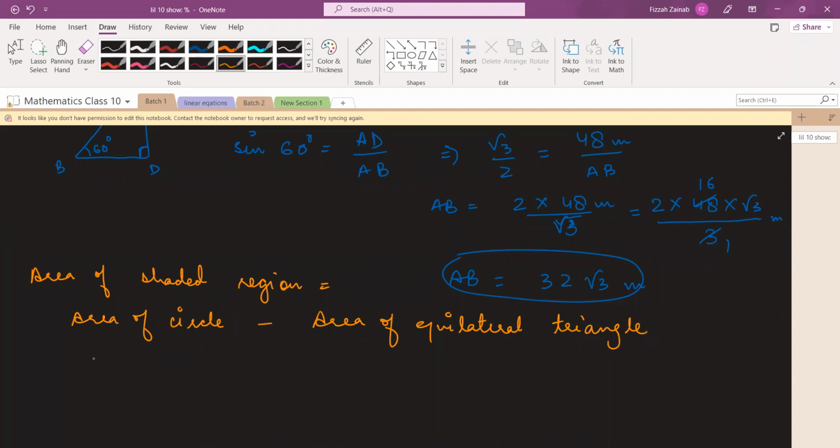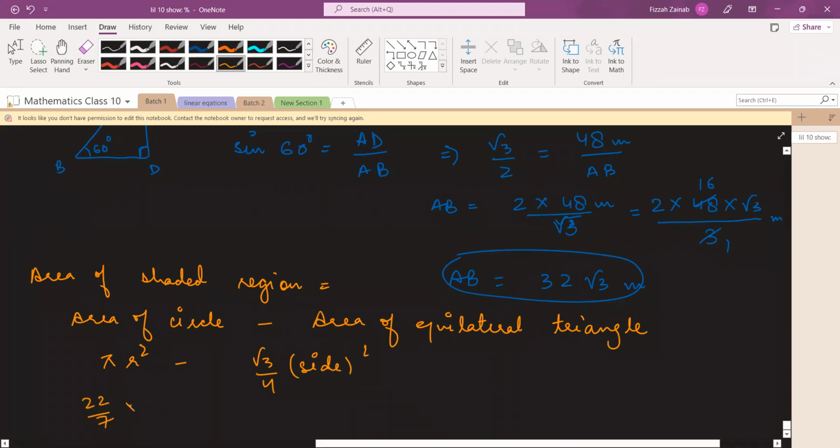Area of circle we know is pi r square, minus √3/4 side square. So 22/7 into radius is 32 meter into 32 meter, minus √3/4 into AB, which is 32 √3 meter into 32 √3 meter. Is that clear?